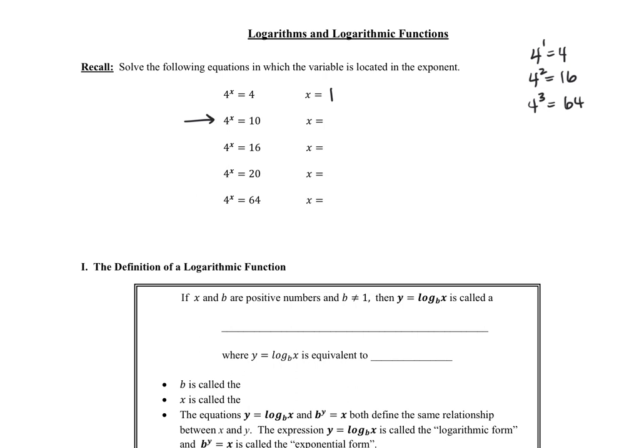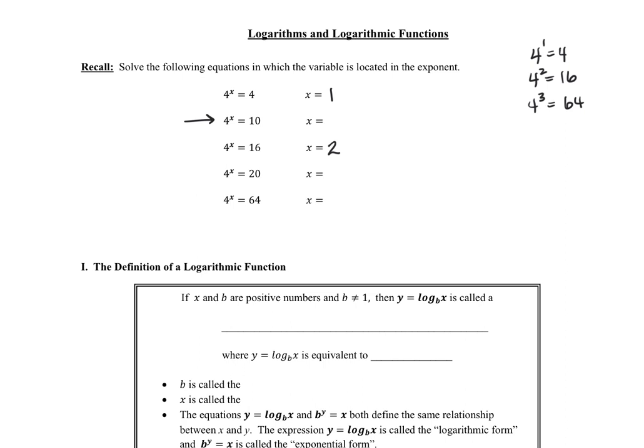Look at the third equation. 4 to what power gives us 16? We know that 4 to the second power is equal to 16, so x is equal to 2. The fourth equation, 4 to the x power is equal to 20, that's another one that we can't solve right now because there isn't a power of 4 that we know that gives us exactly 20. And then the last equation, 4 to the x power is 64.